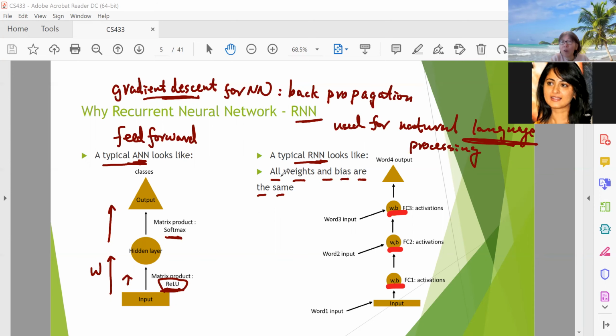They are in sequence, and it depends on the previous word.